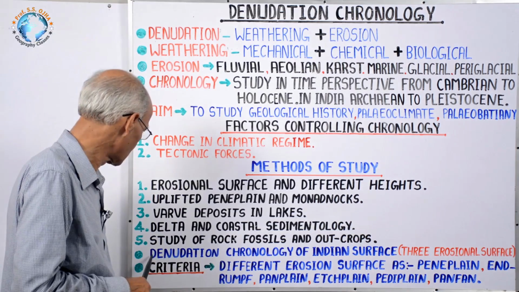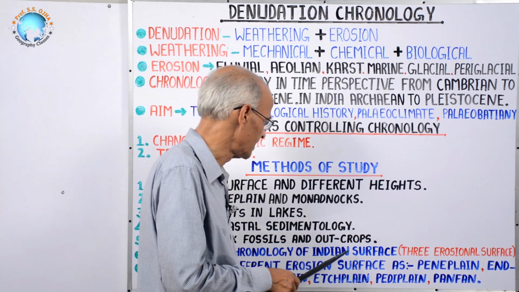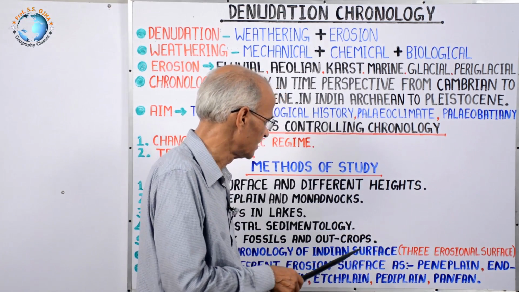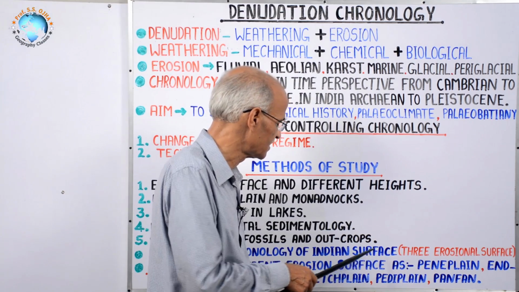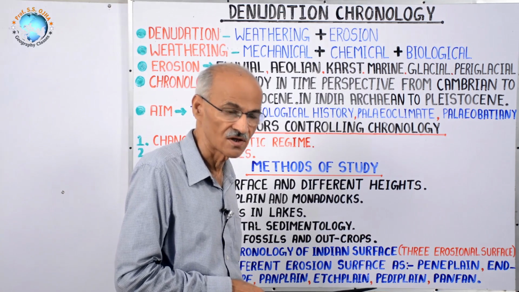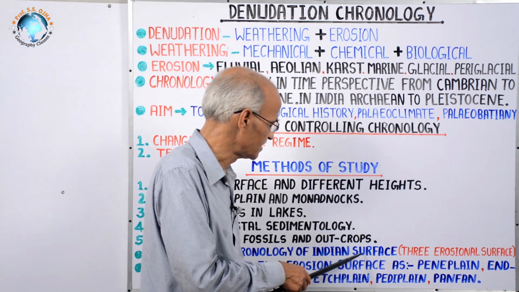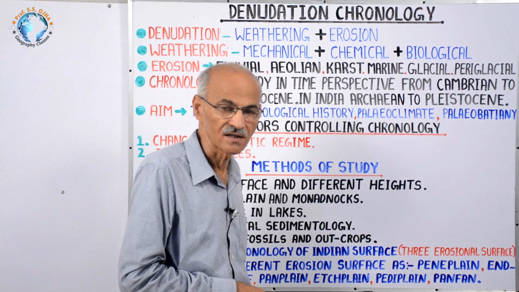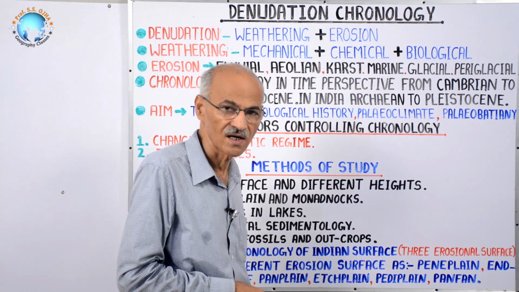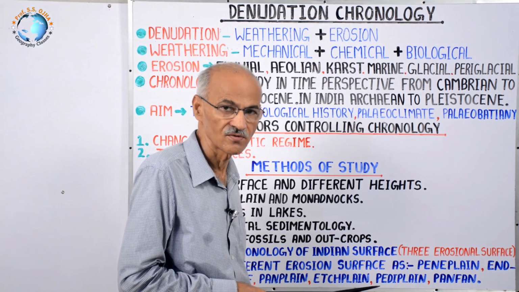Now, let us come to the conclusion of how denudation chronology has been studied in India, and especially in the Indian plateau. There are 3 erosional surfaces, and these 3 erosional surfaces tell us the chronological history of denudation over the Indian plateau. This denudation chronology cannot be studied in the Gangetic plain or the coastal plains, and its study in the Himalayan region is too early, because the Himalayan region is just in the youthful stage.